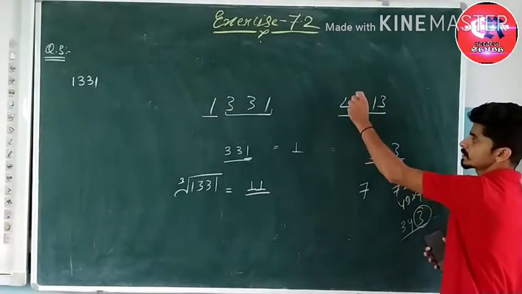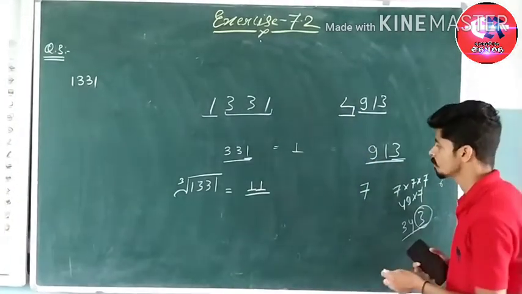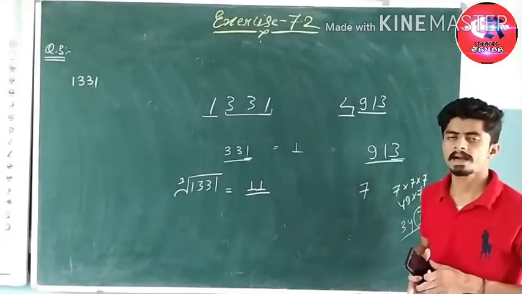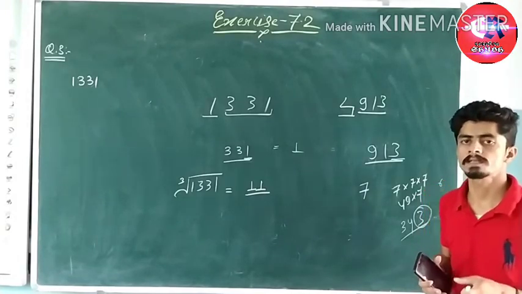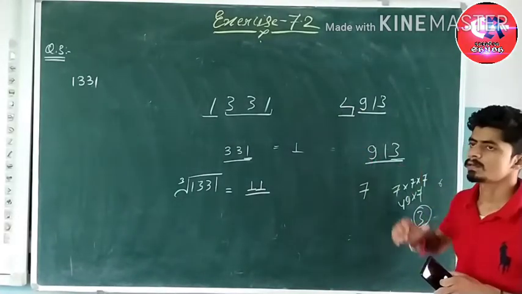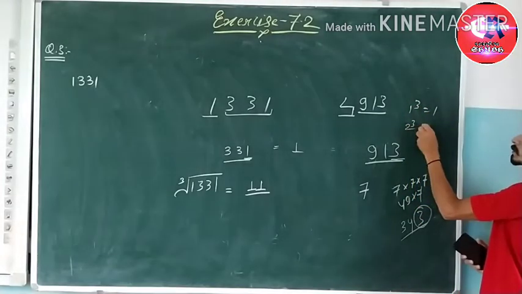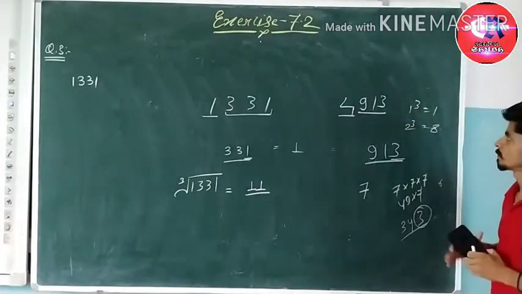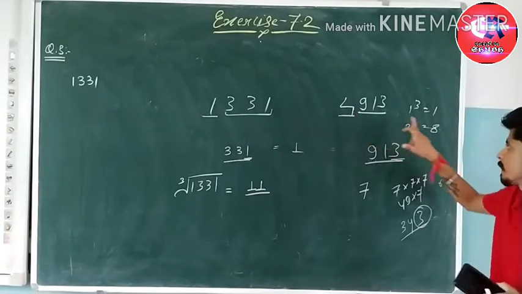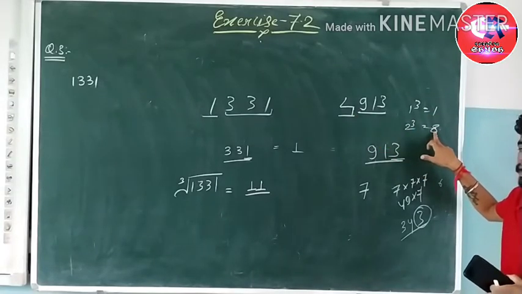Now we have to consider the second pair, which is 4. In this pair we have to find the number whose cube is nearest to 4. So the cube of 1 is equal to 1 and the cube of 2 is equal to 8. 1 is smaller than 4 but 8 is greater than 4.